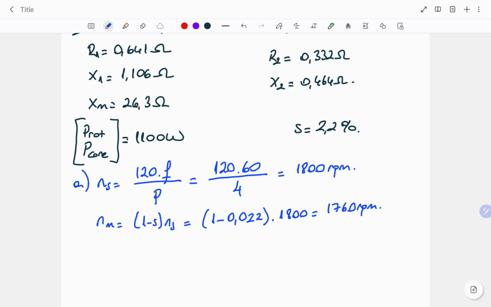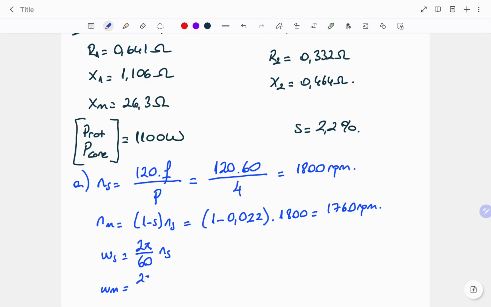What else? The speeds are calculated in revolution per minute unit. We can calculate their radian per second versions for the torque and power calculations. So for this, we have Ws and Wm, the synchronous speed and the motor speed in radian per second. For this calculation, the speed values must be multiplied by 2 pi over 60. 2 pi radian is equal to 1 revolution, and we divide by 60 because of the minute to second conversion.